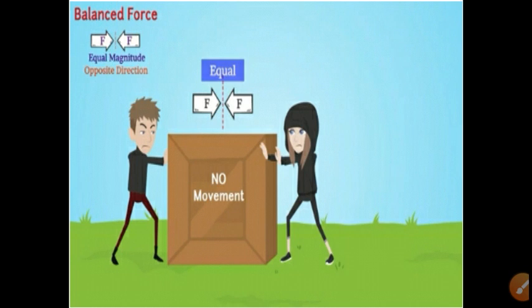If you add the two forces, you will get zero force. Balanced forces will not cause the motion of a body. They will not change the state of the body from rest to motion or motion to rest.